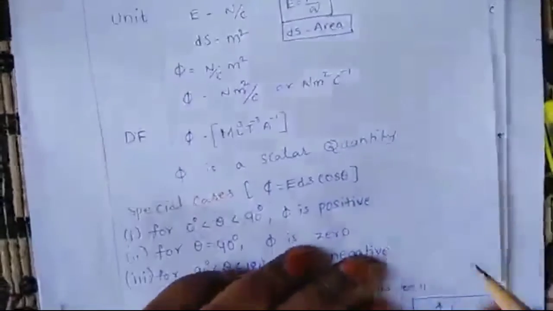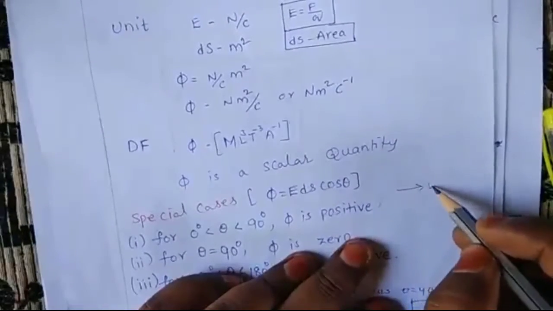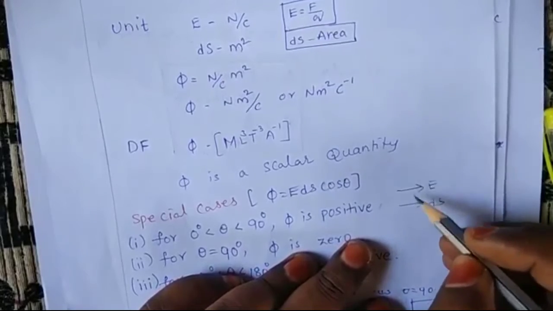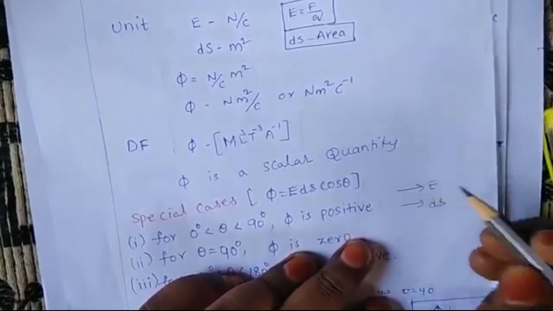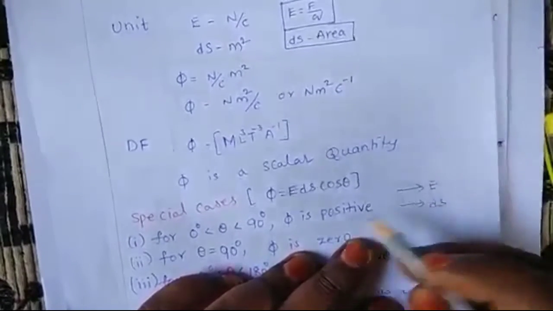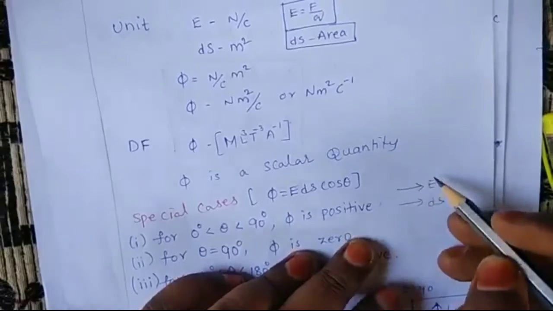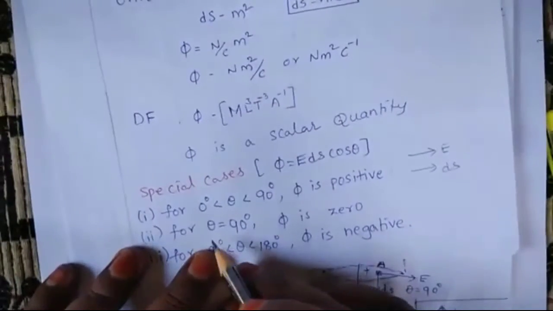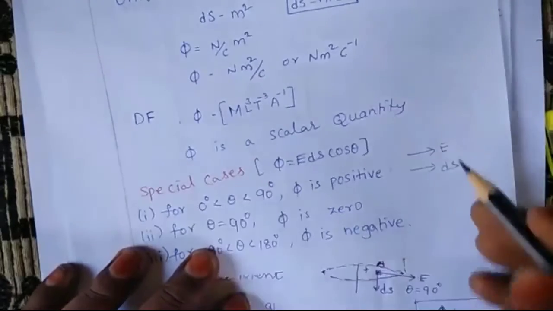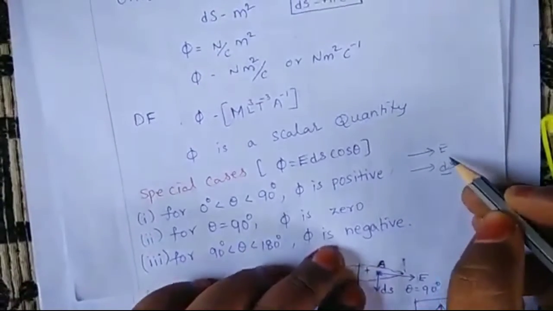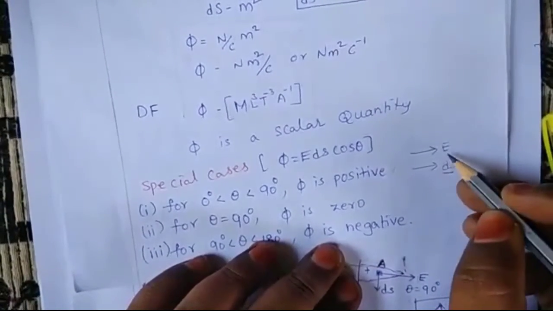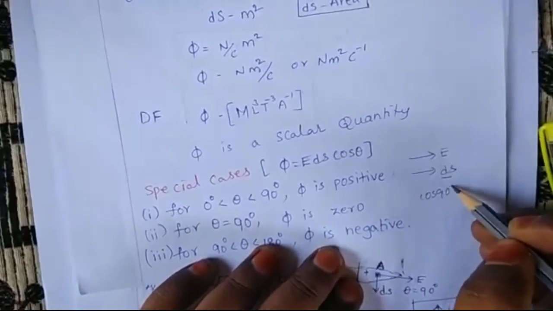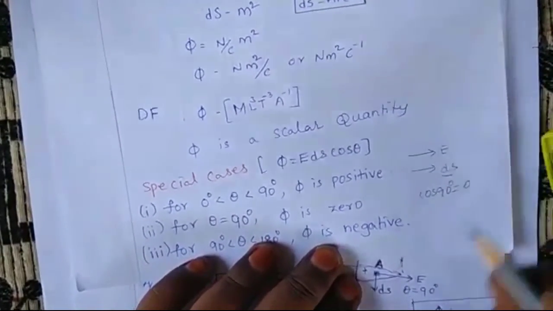See here, electric field intensity E and area vector ds: if the angle between them lies between 0 and 90 degrees, it is positive. For theta equal to 90 degrees, ds and E are perpendicular to each other, and we know that cos 90 degrees is equal to 0.